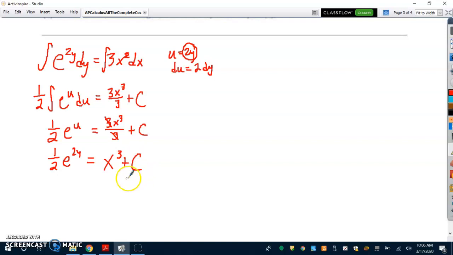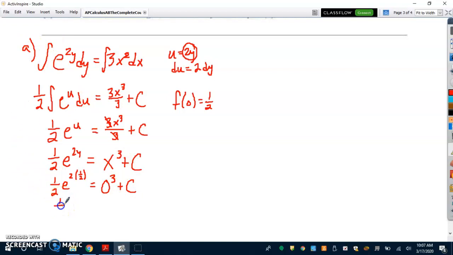Now, we've got an initial condition. If you remember, I believe our initial condition was f of 0 equal to 1/2. So our y value is 1/2 when x is 0. So I've got 1/2 e to the 2 times 1/2 equal to 0 to the 3rd plus c. We're trying to solve for c to get a particular solution to this differential equation.